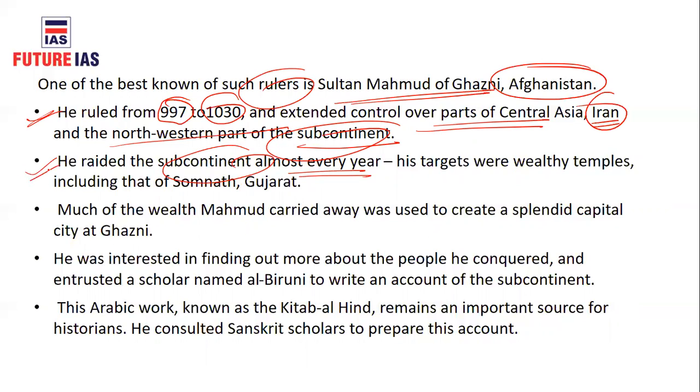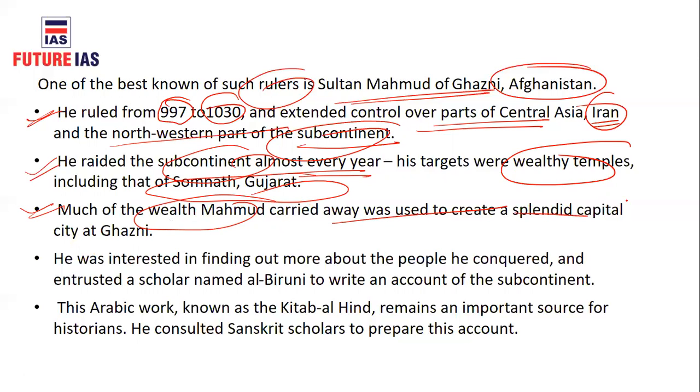His main targets were wealthy temples, because he knew they held extremely high amounts of wealth, including the Somnath temple. Much of the wealth Mahmud carried away was used to create a splendid capital city at Ghazni.